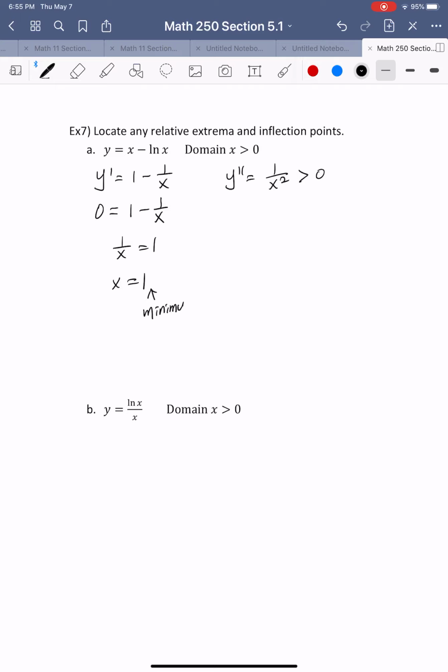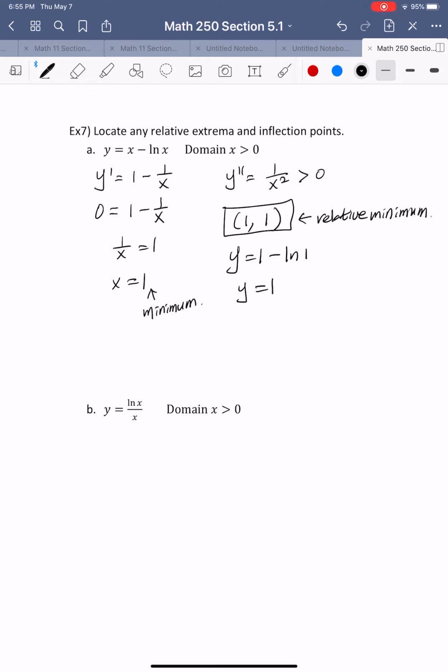So when x equals 1, plug it in. So y equals 1 minus ln 1. So y equals 1 because ln 1 is 0. So it's (1, 1). Okay, so this is actually the relative minimum.